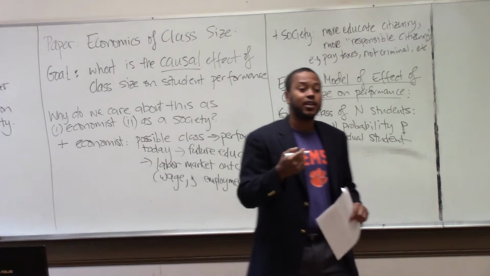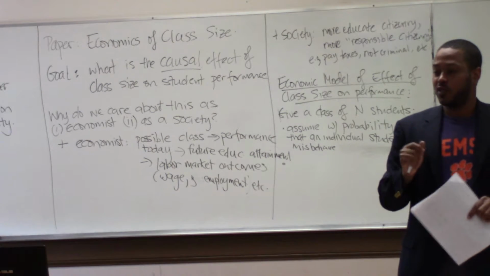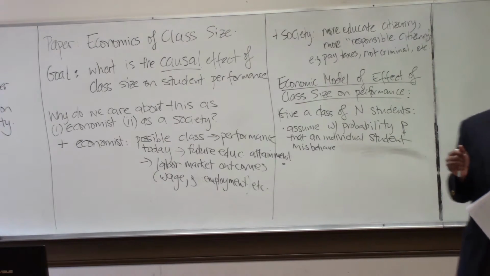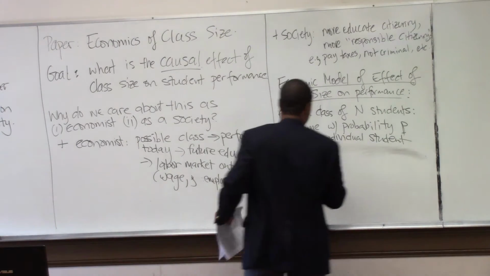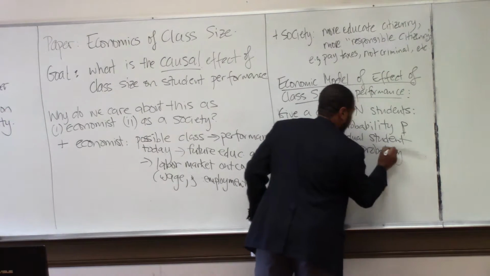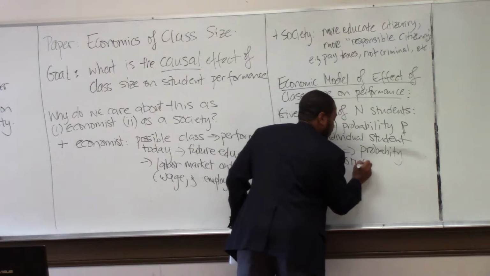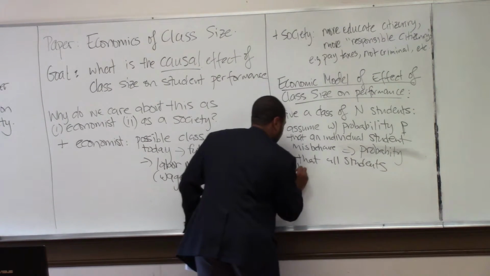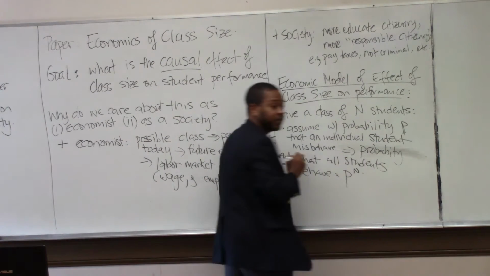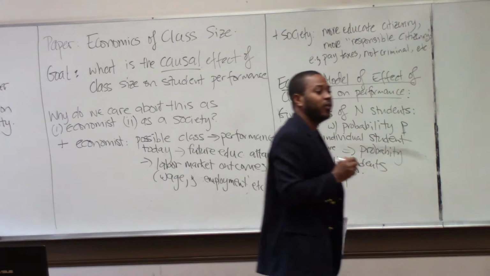And so if the probability of behaving is p for a given student, and all of the students are independent, what's the probability that all of the students behave? So this implies that the probability that all students behave is p to the n. And p, what do we know about a probability?